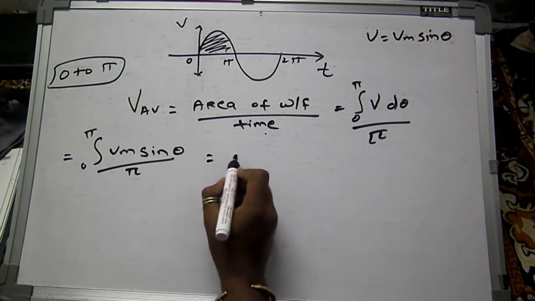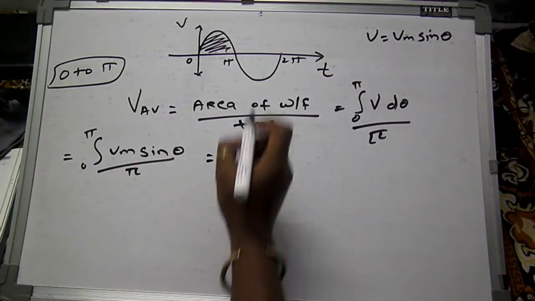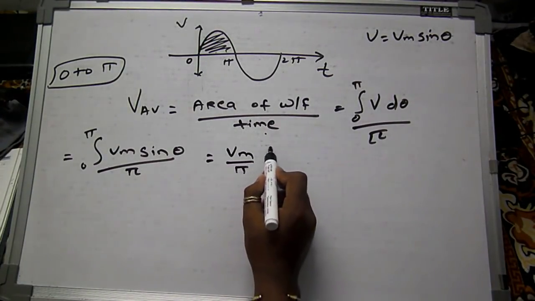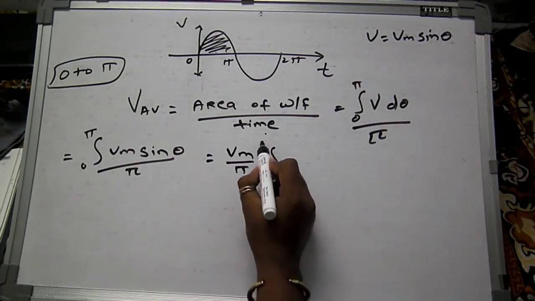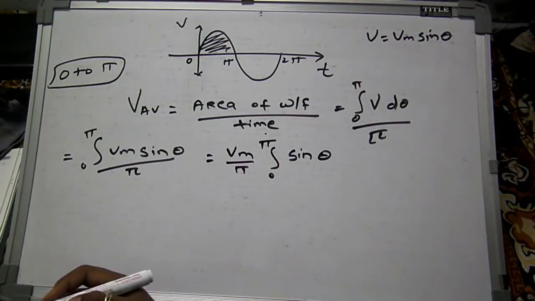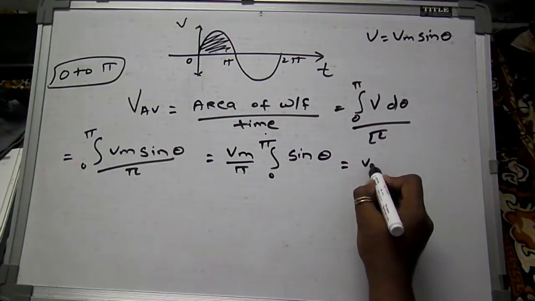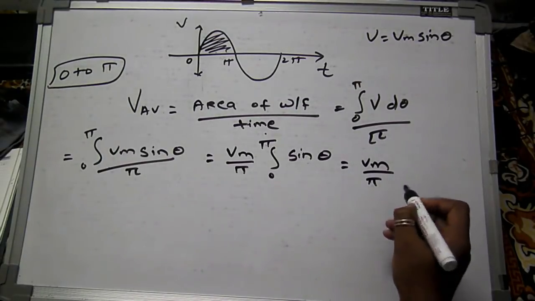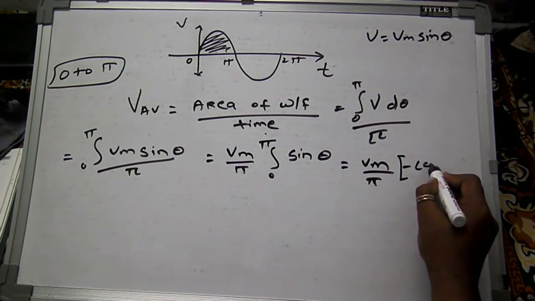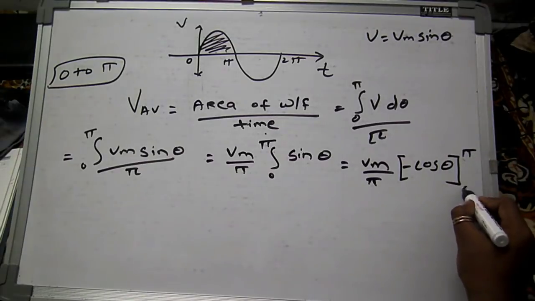Vm is a constant, so removing Vm and pi out of the integration, we get Vm by pi times the integral from 0 to pi of sin theta. The integration of sine is minus cos theta, with limits pi and 0.